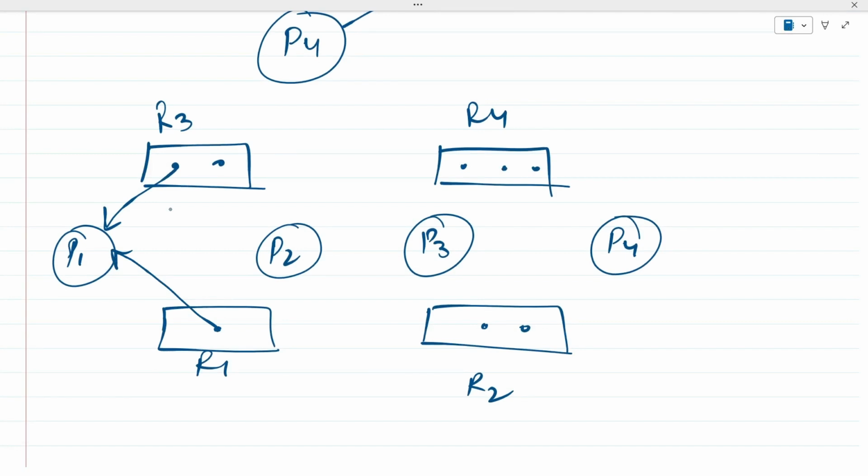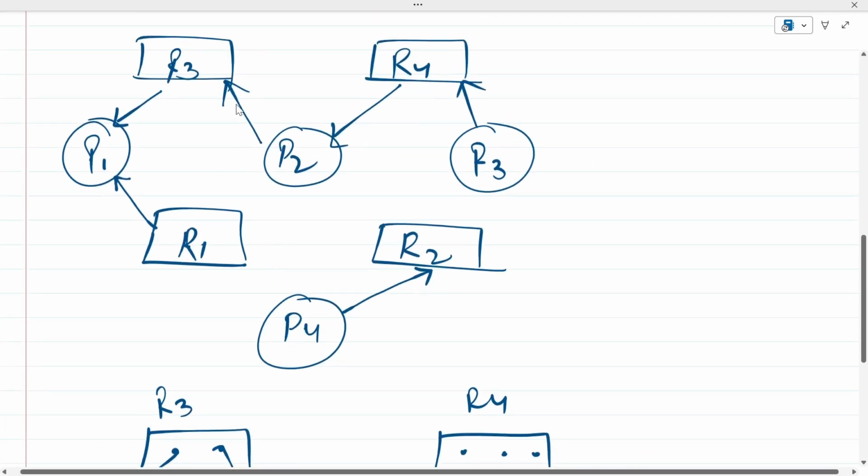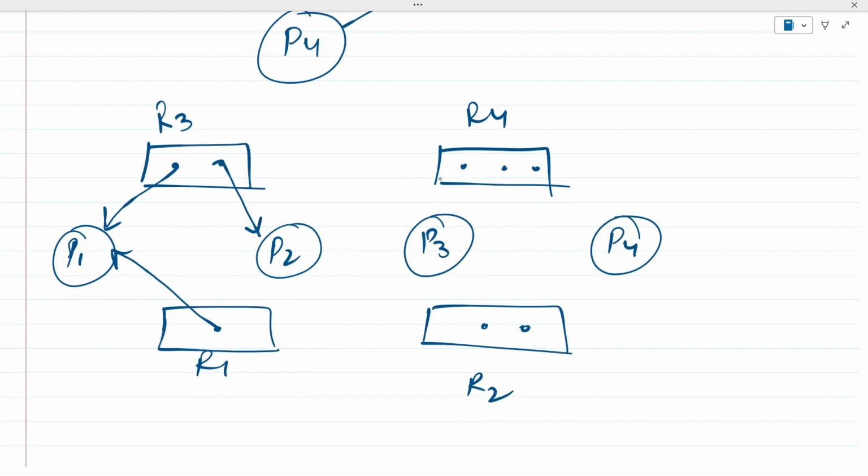Now the other resource instance is assigned to P2, because P2 wants an R3 resource. In the above diagram, there was only one R3 resource, but in this one, there are two instances of R3. So now P2 can get that R3 resource. This is how you can represent the diagram.